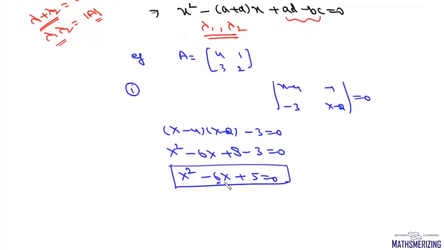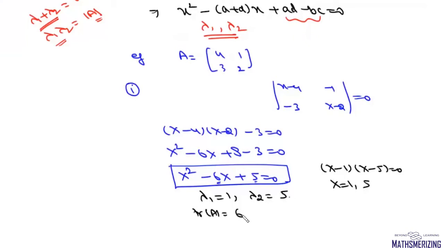Now trace of this matrix is 6 and determinant is 5, which is clearly evident from this given matrix. Now we can also find its eigenvalues. So we'll factorize this. We'll write (x minus 1)(x minus 5) equals 0. So we'll get x as 1 and 5. So this equation will have 2 eigenvalues, lambda equals 1 and lambda equals 5.